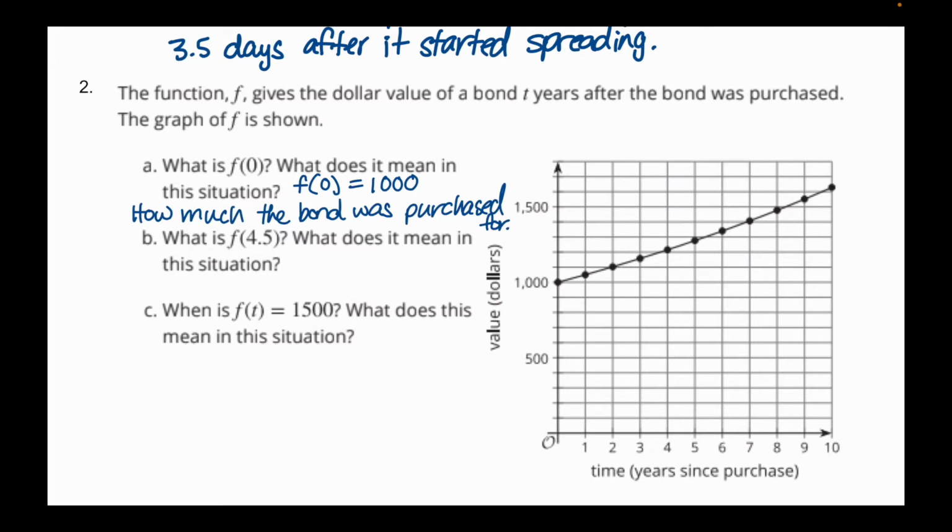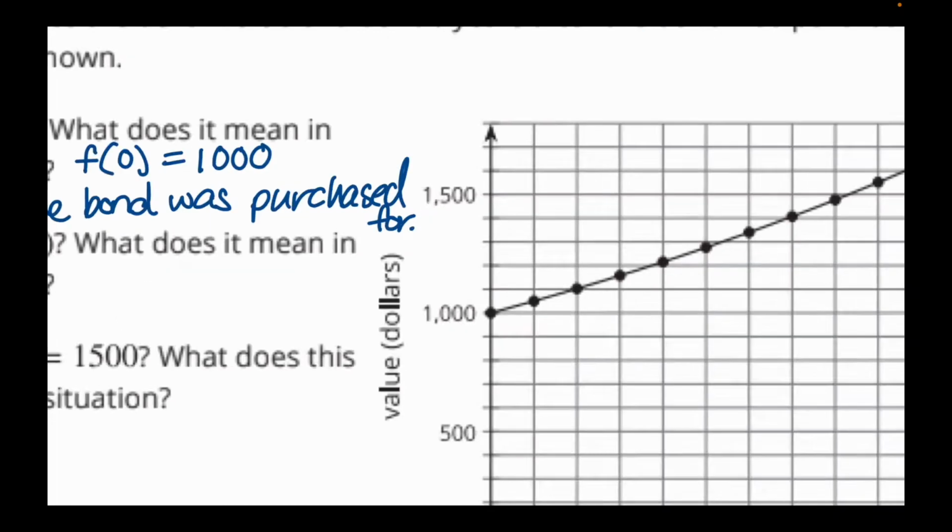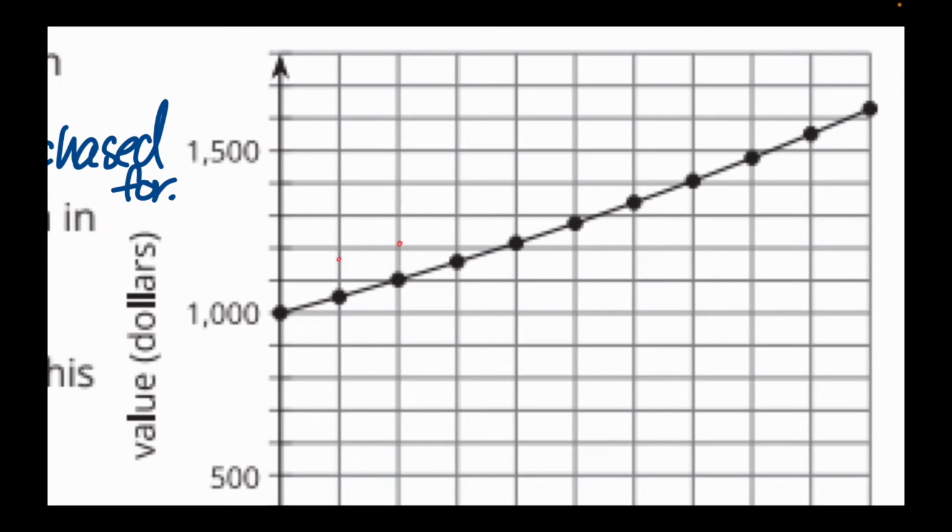Now let's look at B. B is what is f of 4.5, and what does that mean in this situation? So 4.5, that is in years since purchase. So 4.5 is right around here. Let's zoom in here so I can actually look. So we would have 1, 2, 3, 4.5. Yep, so right around here. And this puts us right around this spot.